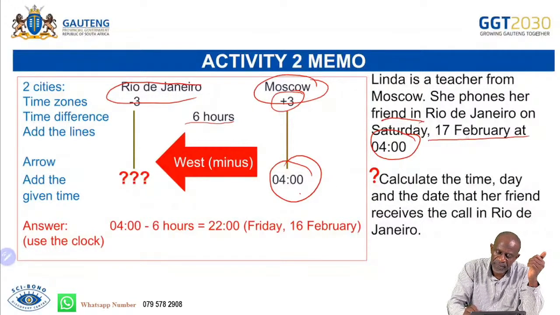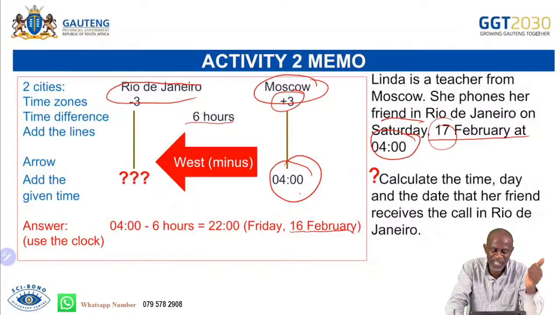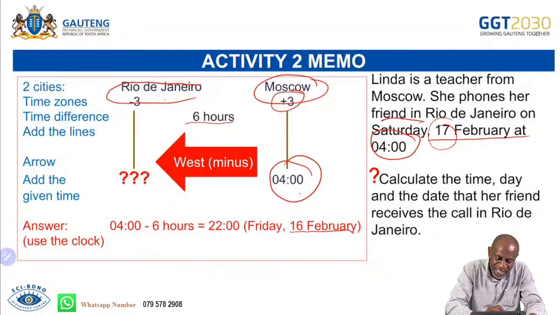In Moscow, it was the 17th of February. As we determine the two times, we realize that we get behind by 6 hours and fall into the previous day. When it is the following day in Moscow, it is still the previous day in Rio, and Rio will only see the 17th after a count of 6 hours.